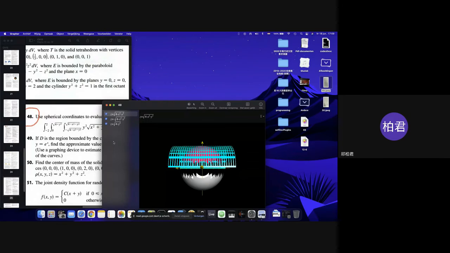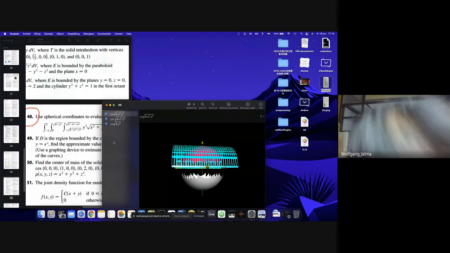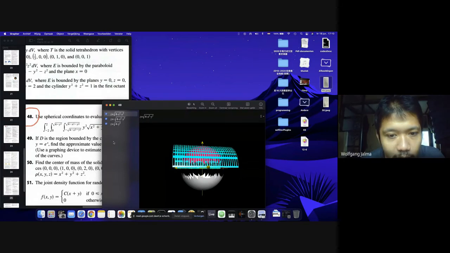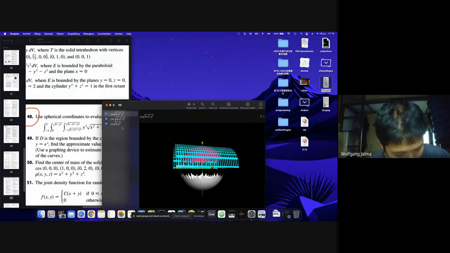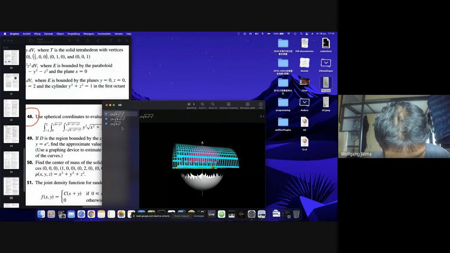I know that rho is gonna be 0 to 2, and theta is gonna be 0 to 2 pi, but I don't know the upper boundary of phi. Okay, I will check.